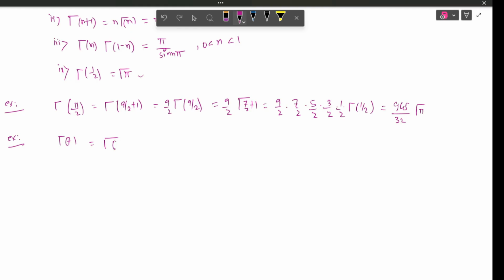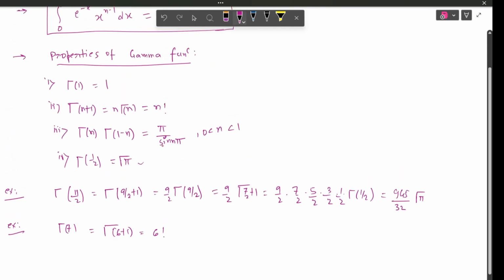This is in gamma of n plus 1 format, and you can write it as n factorial, that is 6 factorial. Now remember one thing, that in this formula we have written gamma of n plus 1 as n factorial, but it is only possible when n is a positive integer.